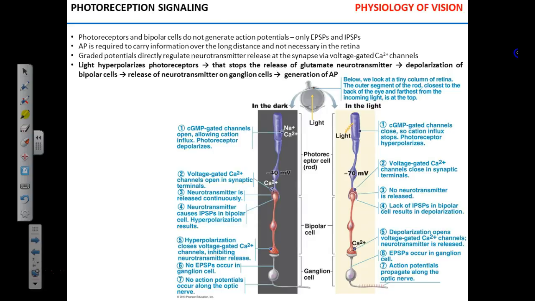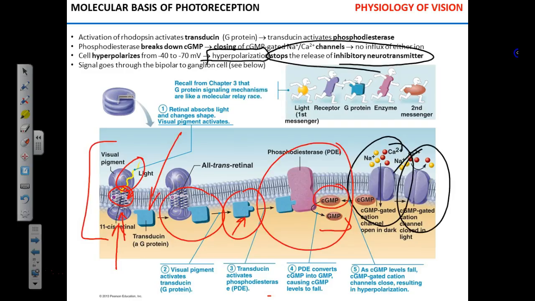Here's what happens. In the dark, to the left, those channels are open or closed in the dark? Open. Before we move on, everybody understands why in the dark cation channels, the membrane of photoreceptor cells, are open.